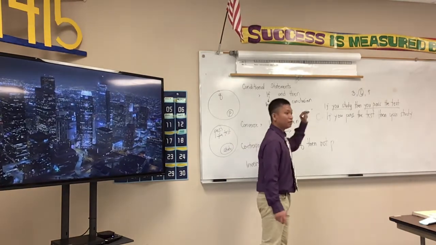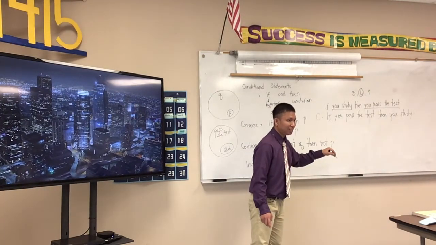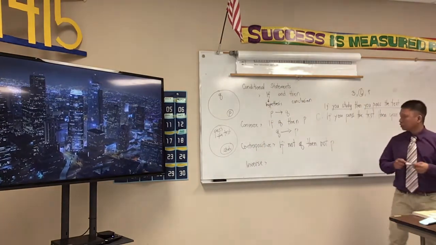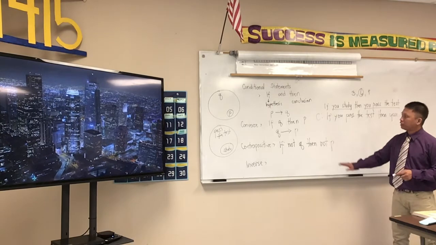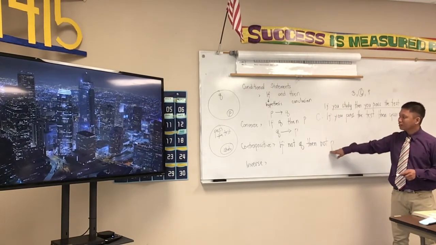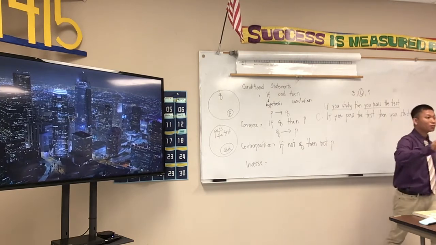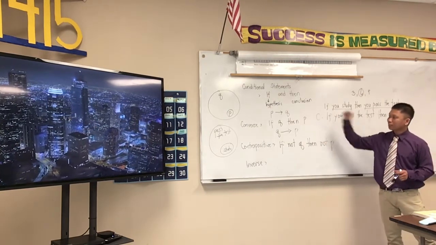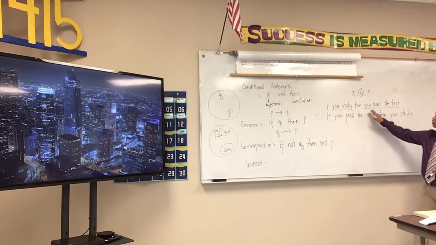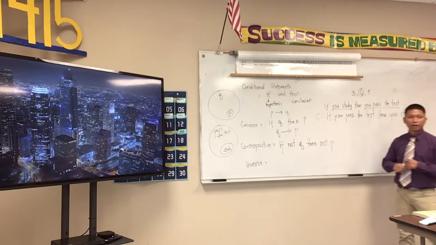So the contrapositive is: if not Q, then not P. It's the opposite of our conditional statement. If you studied, then you passed the test. So what is our contrapositive here?